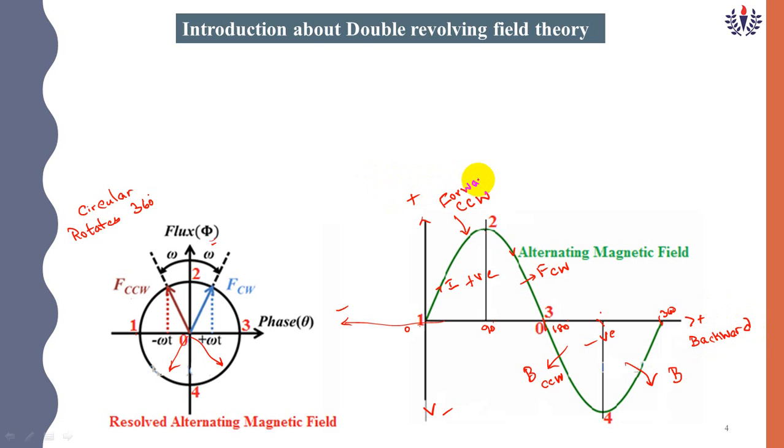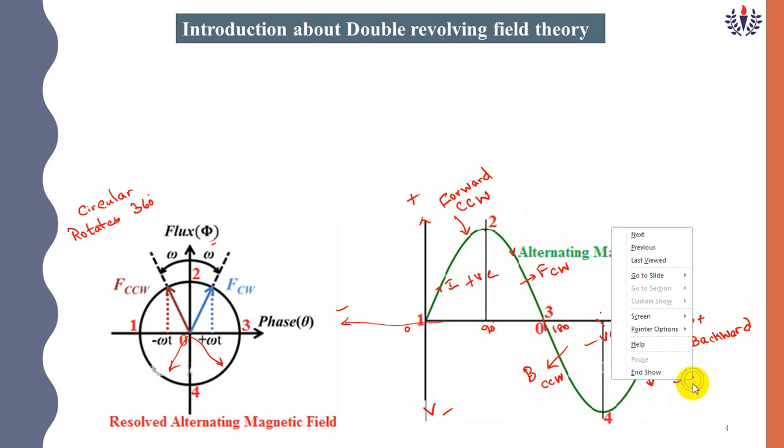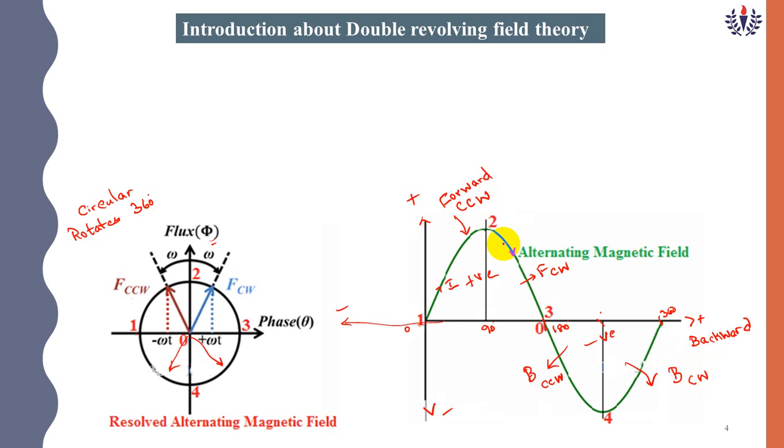This 3 to 5 is the backward clockwise direction. So in the forward rotating magnetic field, the flux produced is phi F. In the backward rotating magnetic field, the flux is phi B.